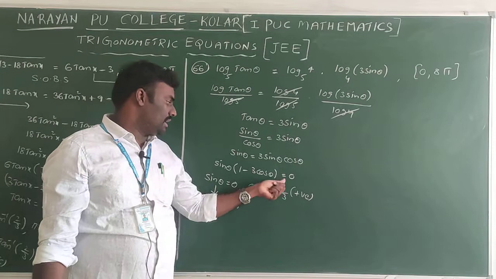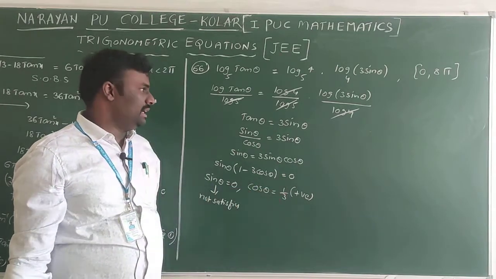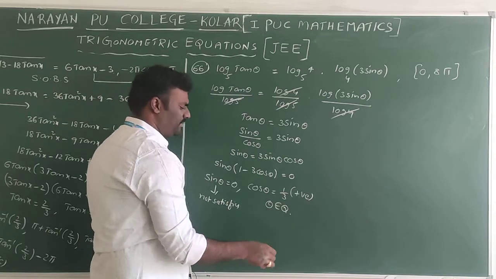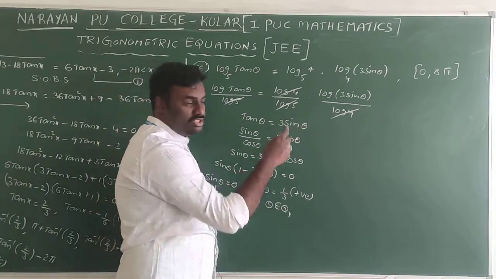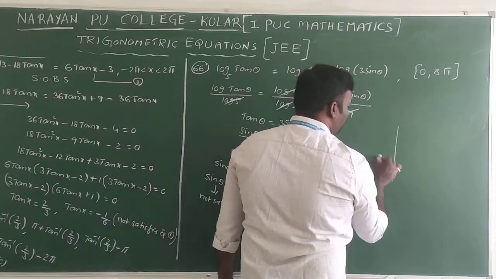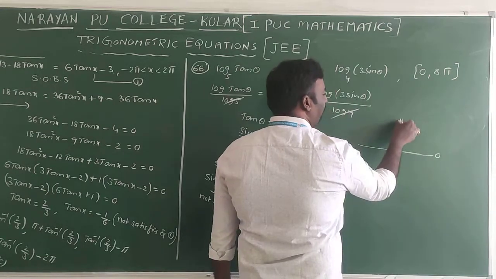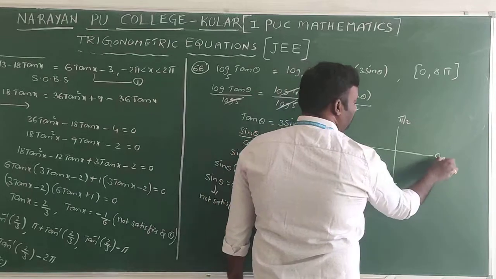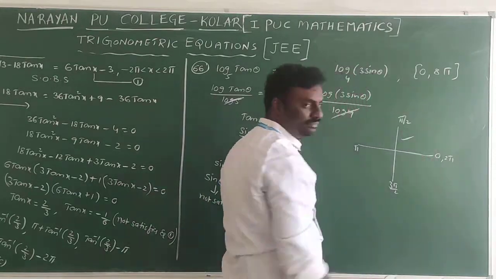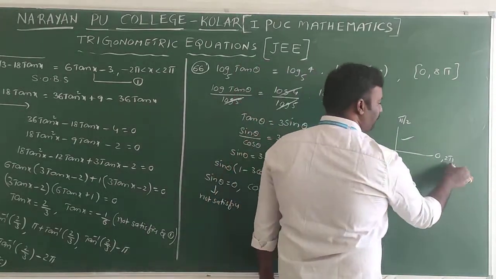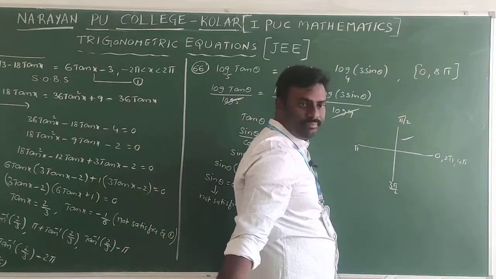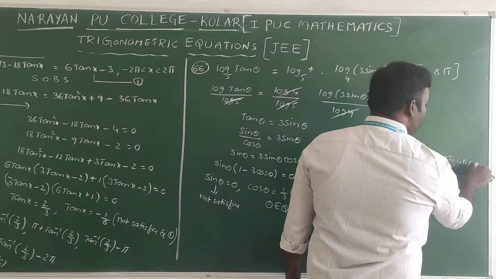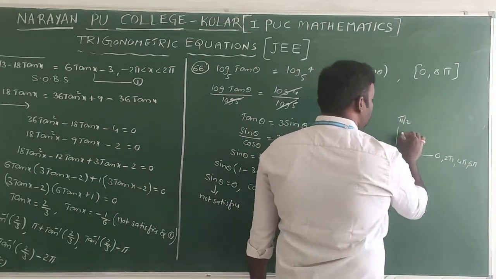Now here cos theta equals to 1 by 3 and this is positive, which means theta belongs to the first quadrant actually. First quadrant means, but here 0 to 8 pi, if you take 0, pi by 2, pi, 3 pi by 2, 2 pi, here you will get 1. Next 4 pi, here you will get 1. 6 pi, here you will get 1.